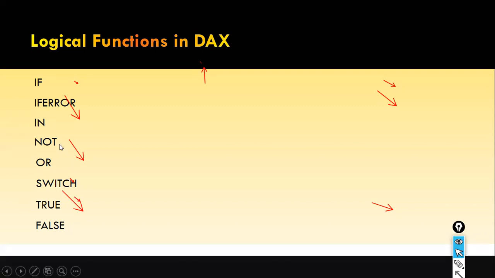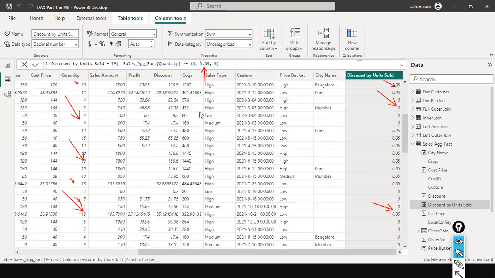Okay. Next one is the if error function. If you have any error, then you can check the column also, if any column has error in it or not. For example, I just create a new column.